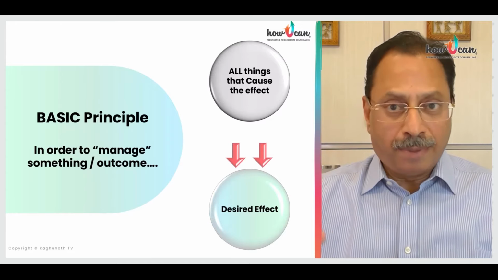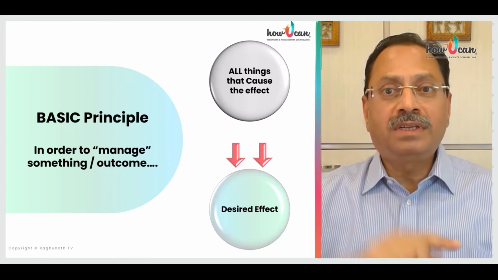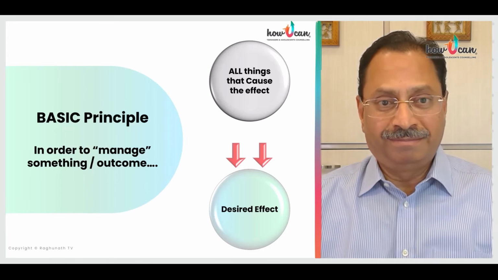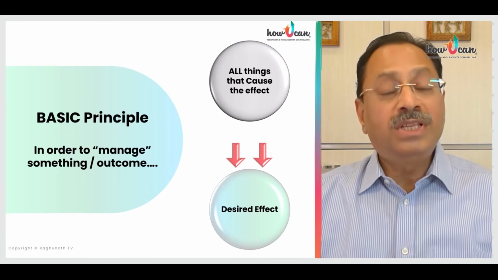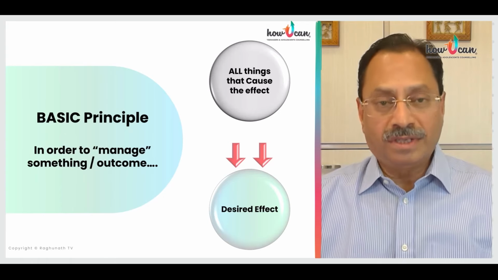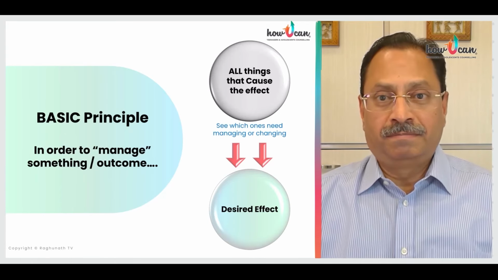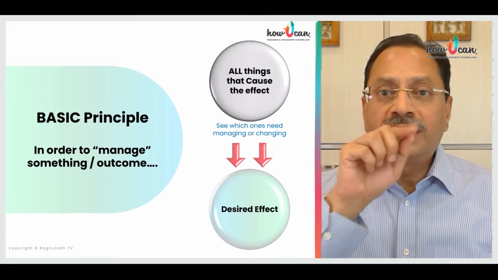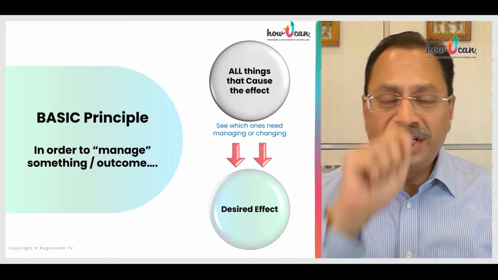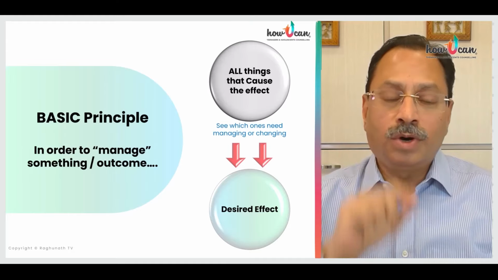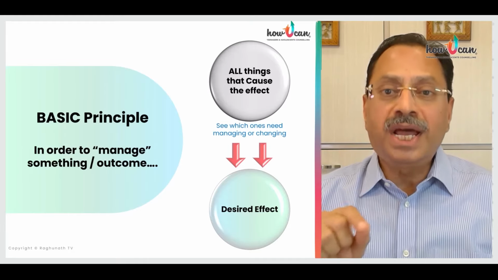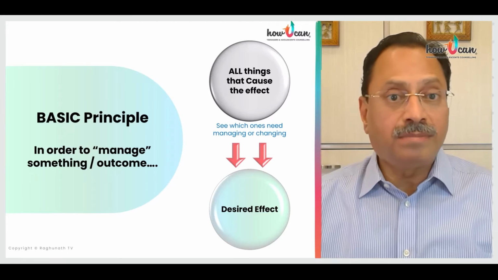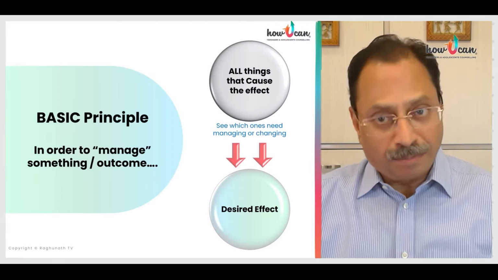If it is feeling preparedness for an exam, what are all the things that go to cause the effect of feeling prepared for an exam? Once you identify all the possible causes for the effect, sit down, study each of them. Which ones can I manage? Which ones need changing? Which ones can I control? What should I do about each of them so that I end up having the desired effect, which is a great outcome that you want? Simple, correct?